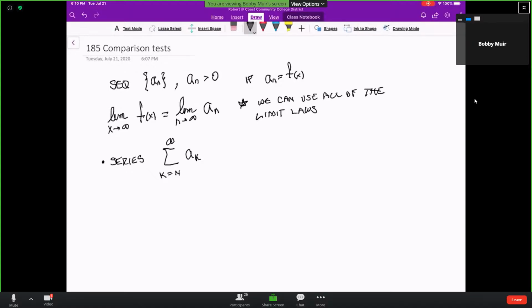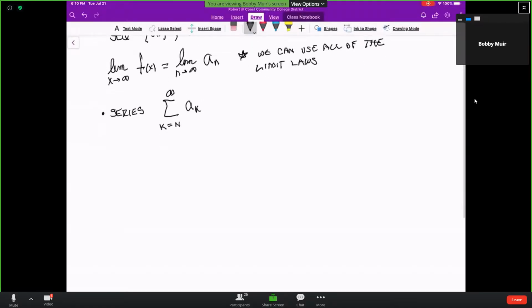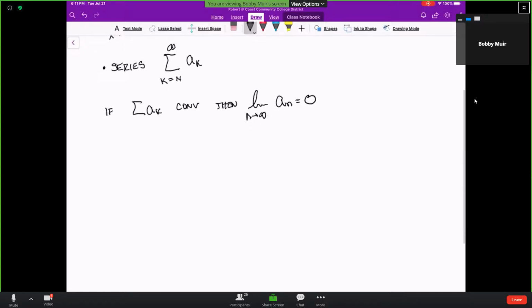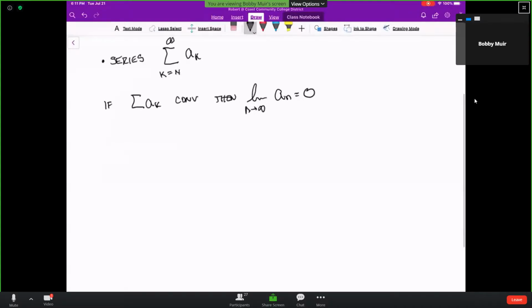And what we found was this first result was that if this sum of the a sub k converges, then the limit as n tends to infinity of the things that we're adding up must go to 0. This is what we called the criterion for convergence, okay? So in order to have a chance to converge, the things that we're adding up are going to have to go to 0, okay?